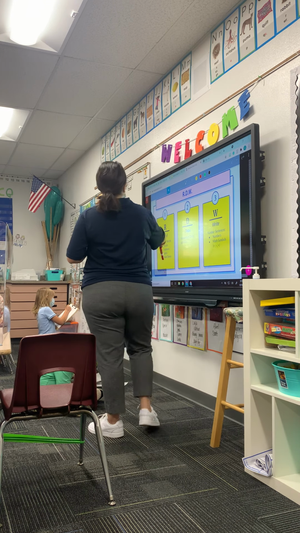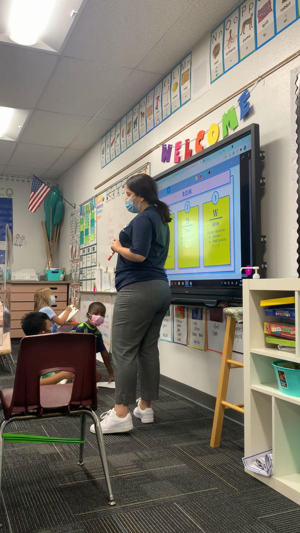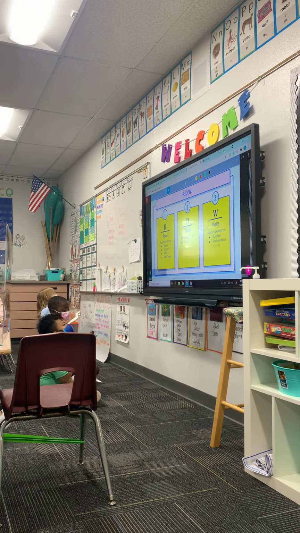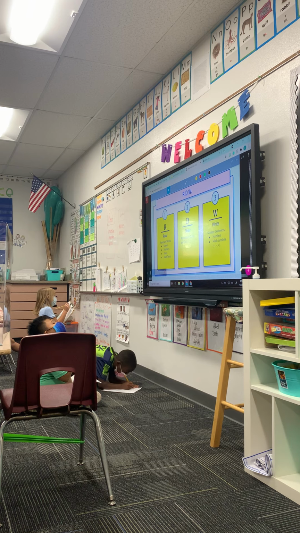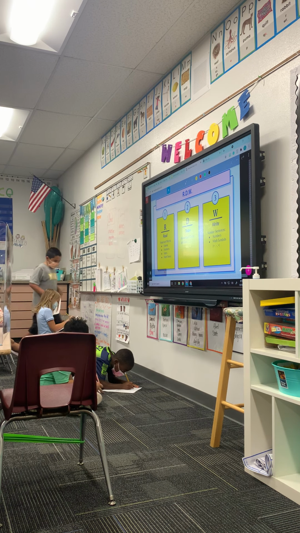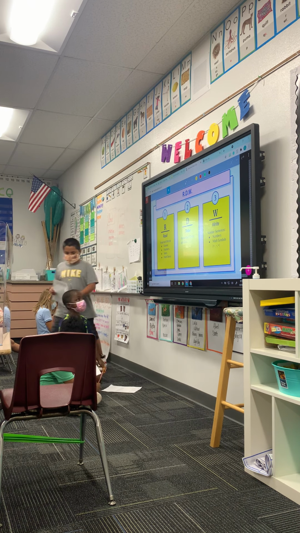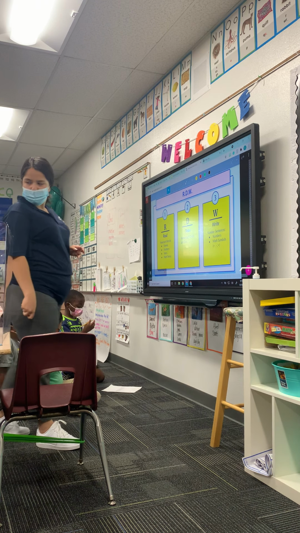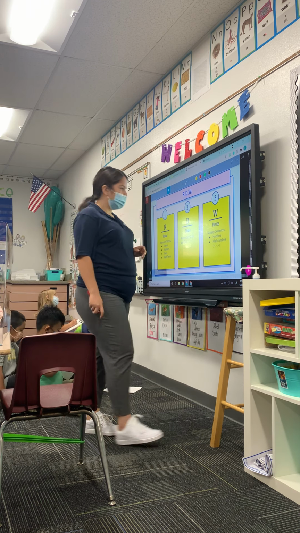So, you might need to remember names, numbers, items or math terms. Is there any other stuff you might need to remember when you're reading? Yes?